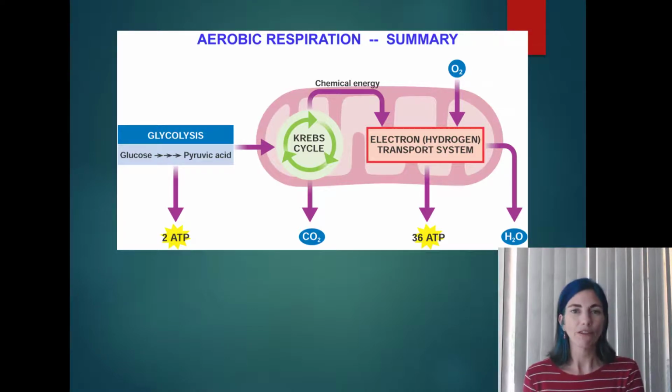Now, why they pick different names for this, I don't know. But both phrases are used to describe the same set of chemical reactions. I tend to prefer citric acid cycle simply because that's what I've been taught. And then finally we get to a really complicated phrase called oxidative phosphorylation. That's going to be our final stage. And this is going to be where we get our big ATP yield.